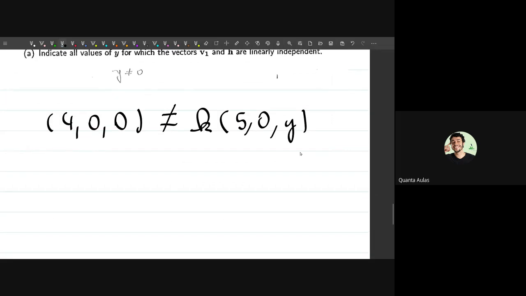So the problem is, if we write this system again, like in the other question, we have, for example, 4 equals k times 5, then 0 equals 0 or different.